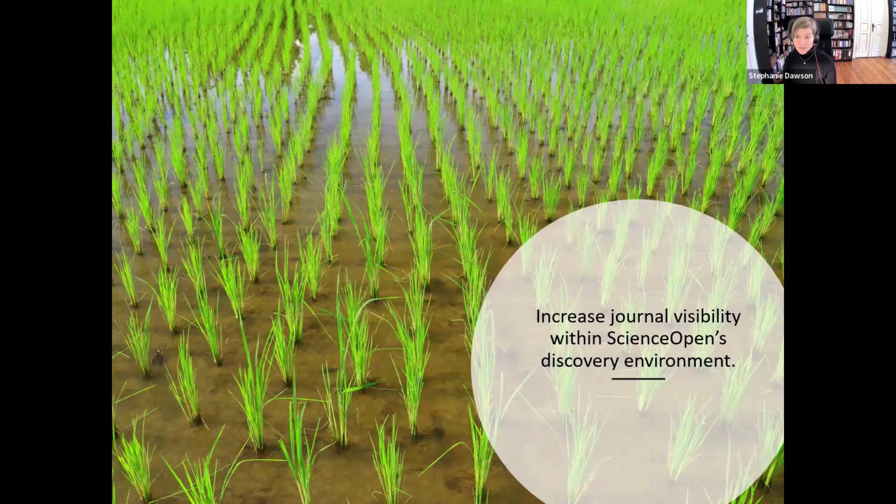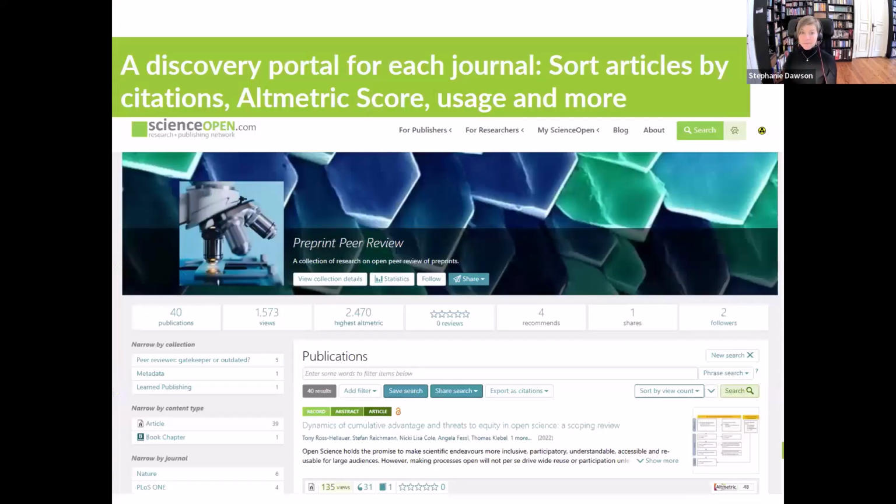You don't have to register, but you can register for free to use the full range of features as a researcher. And so just to give you an idea of how Science Open works, I'd like to go through some of these features. At the core of Science Open infrastructure are topical selections of contents called collections.